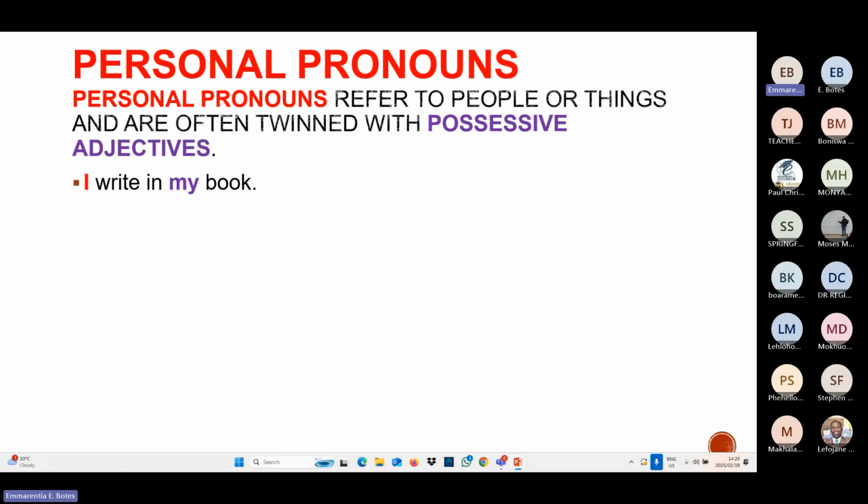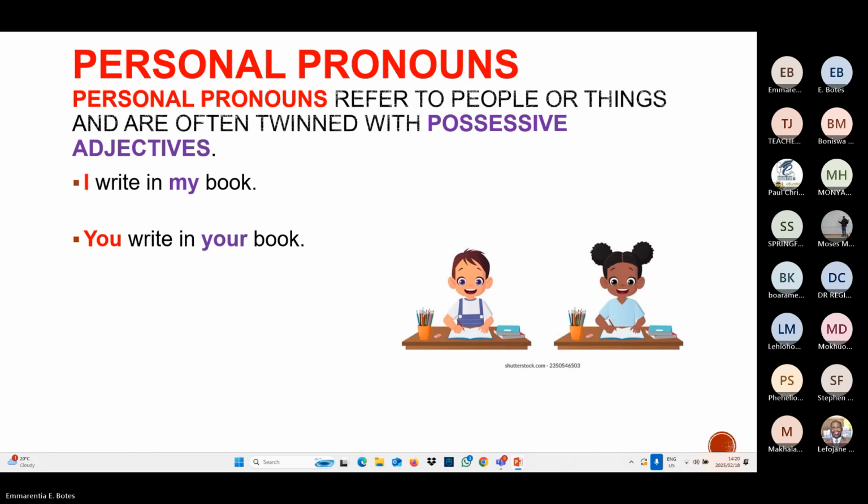So for example, I write in my book. I will be a personal pronoun and my will be the possessive adjective. You write in your book, where you will be the personal pronoun and your will be the possessive adjective. We can say, she writes in her book.